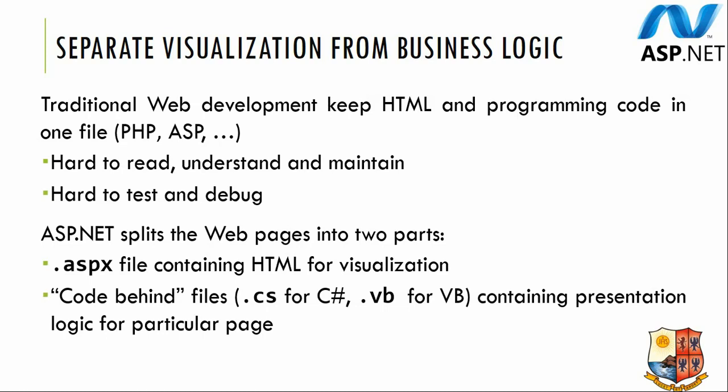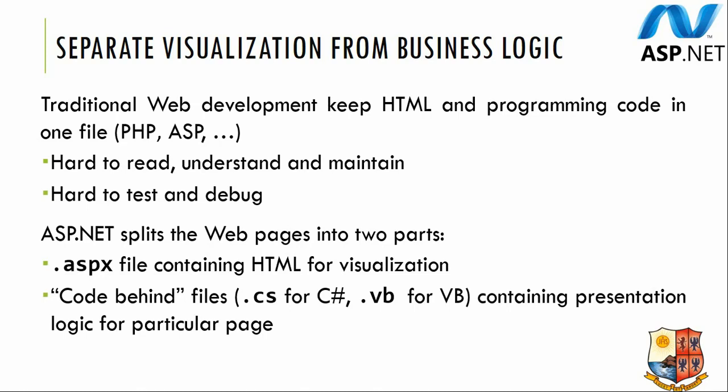For example, you have an activity, you have activity_main.xml and MainActivity.java. Like that, you have a .aspx file which contains HTML, and you have a .cs file if you are using C#. If you are using VB, you'll have a .vb file which contains the logic, or the business logic or presentation logic for a particular page. Okay, this is very important, guys.